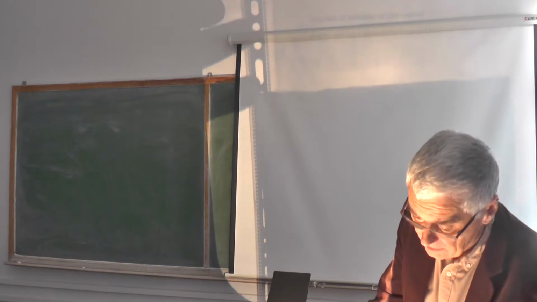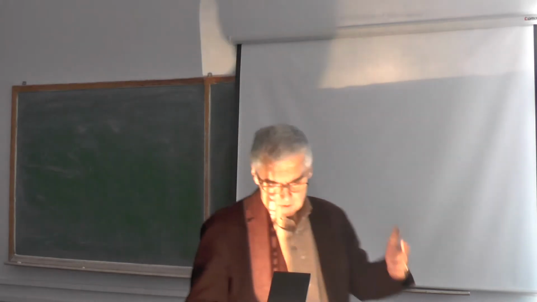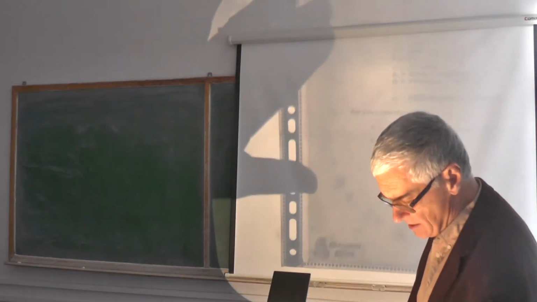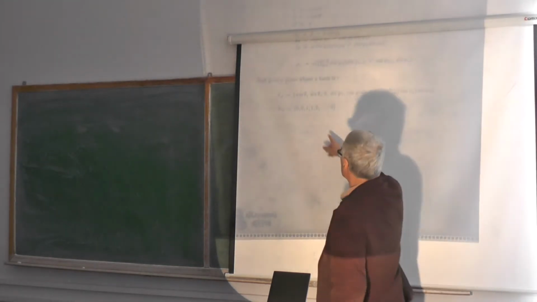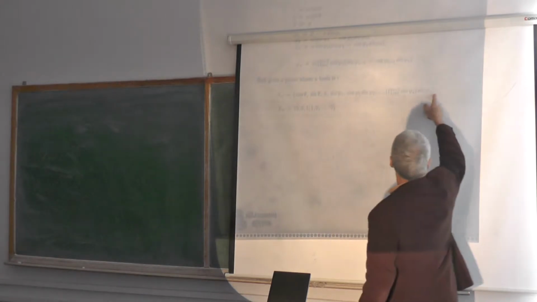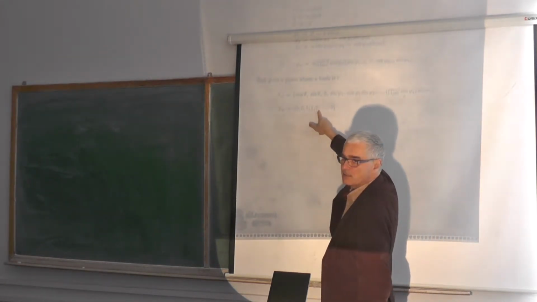Then, what are the solutions? What could be a basis of this two-dimensional distribution? There is some computation, but it's quite easy to show that this distribution can be spanned by these two vector fields here.